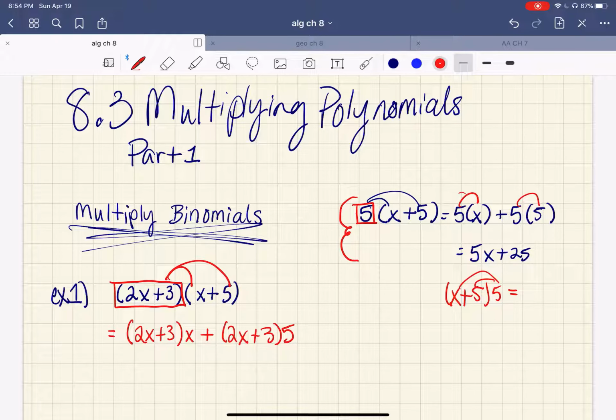So let's follow what's the next step. Well, the next step is to simplify or multiply our products together. So what I am actually going to do is use the distributive property again.